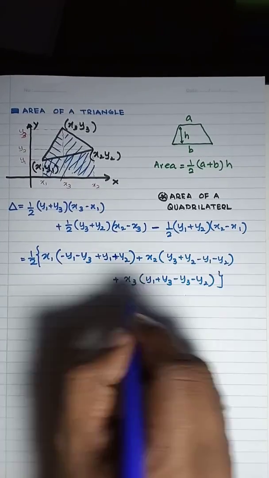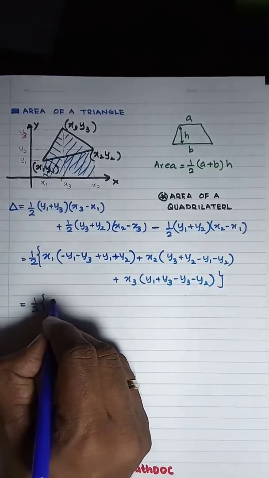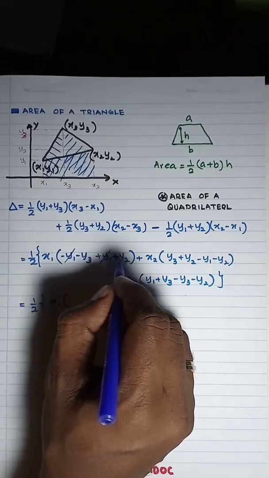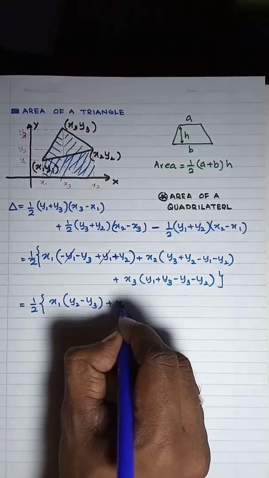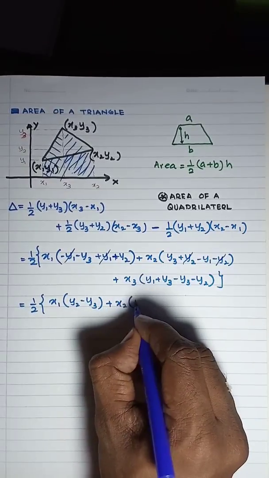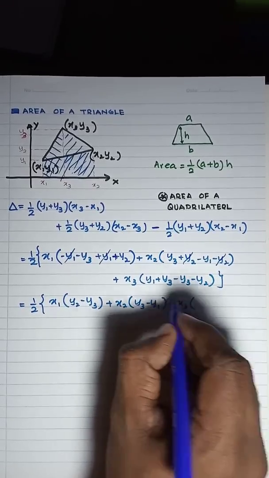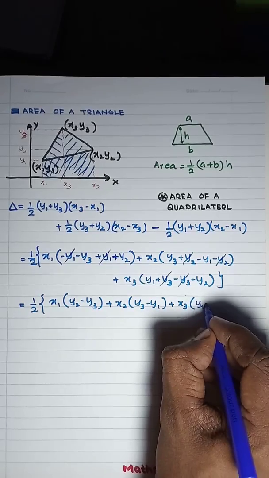Now simplify a little: half into x1 times (y2 minus y3), canceling y1, plus x2 times (y3 minus y1) plus x3 times (y1 minus y2).